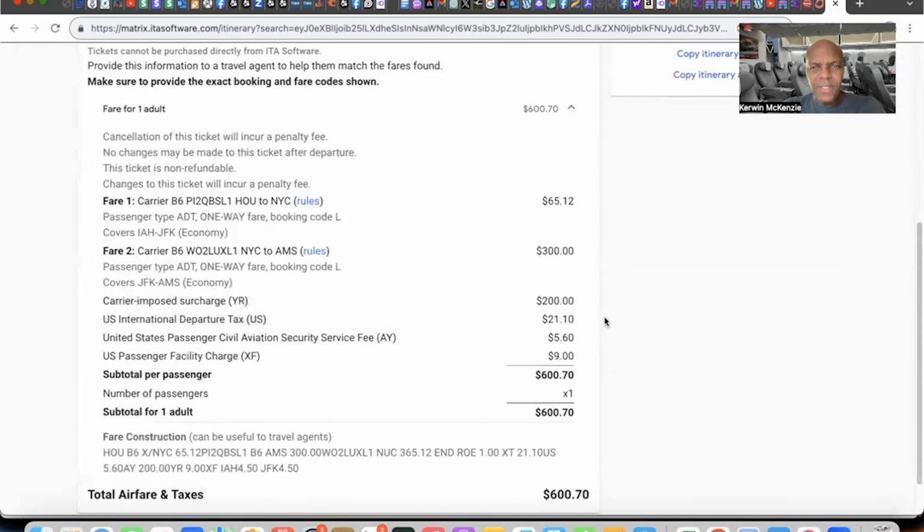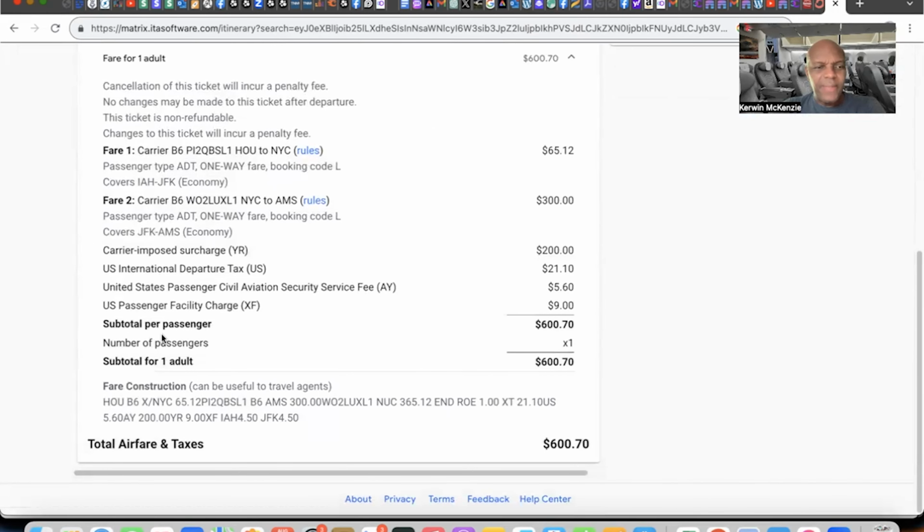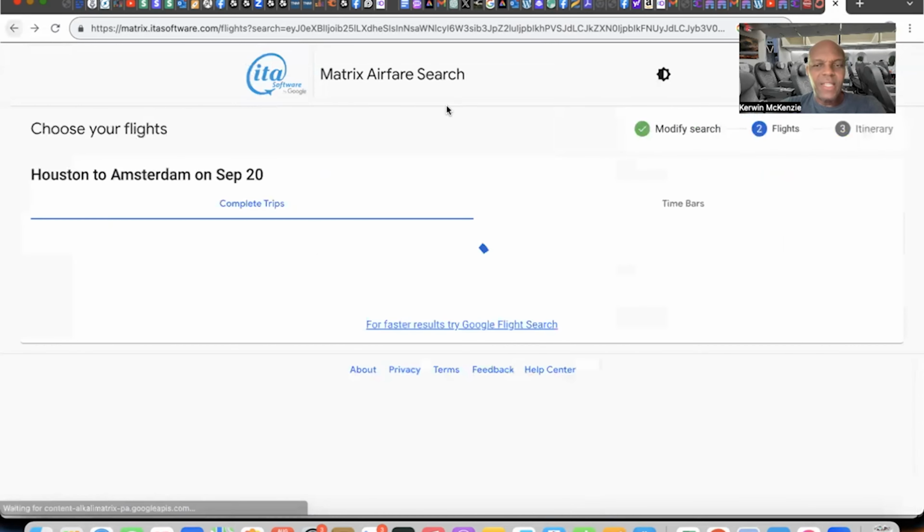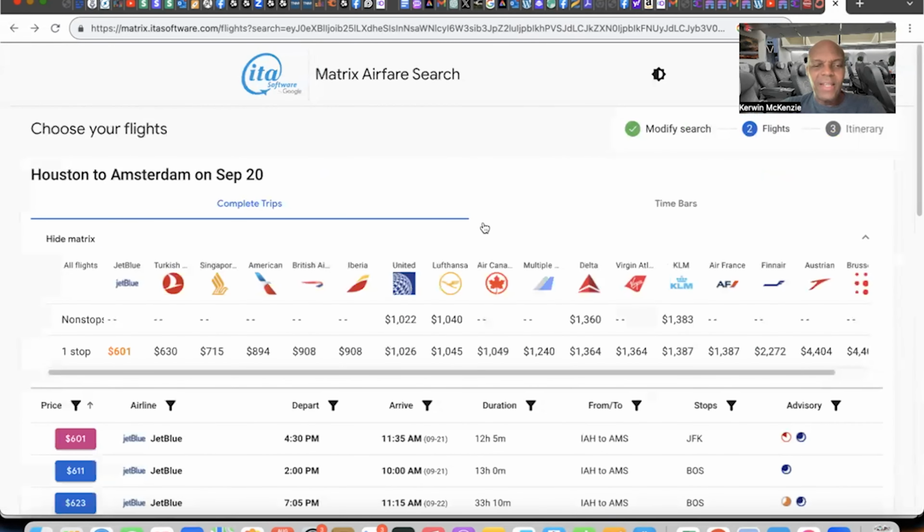And that's $600 because you're coming from the US. And there's a $200 carrier imposed charge. So everyone is charging the carrier imposed fees now, unfortunately. And so how do you get around it? I don't think you can, since everyone is charging it.